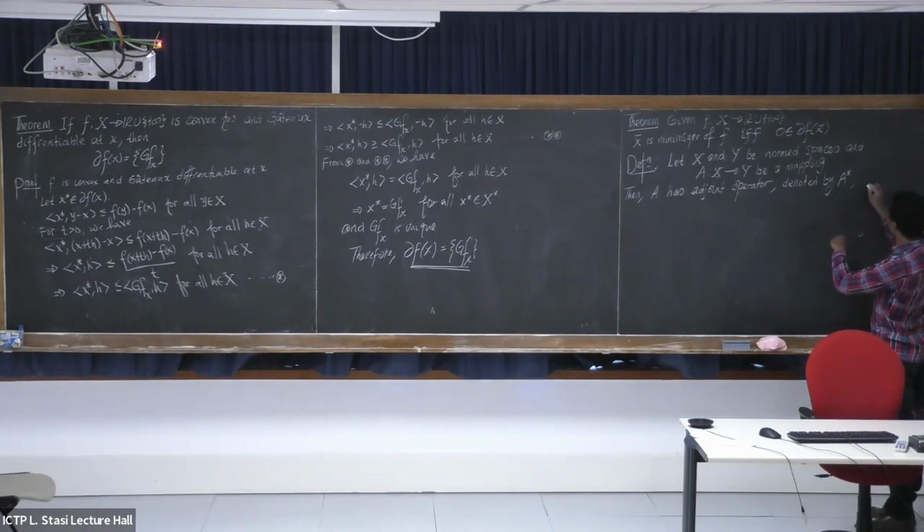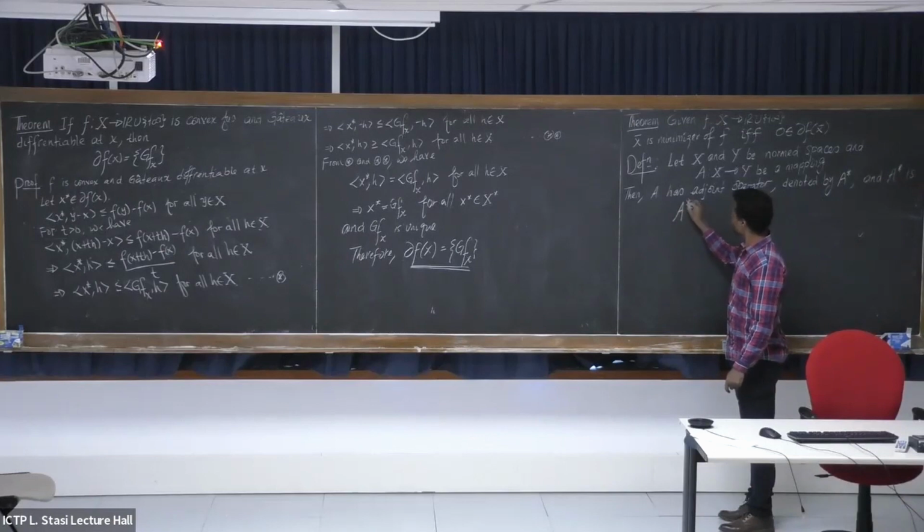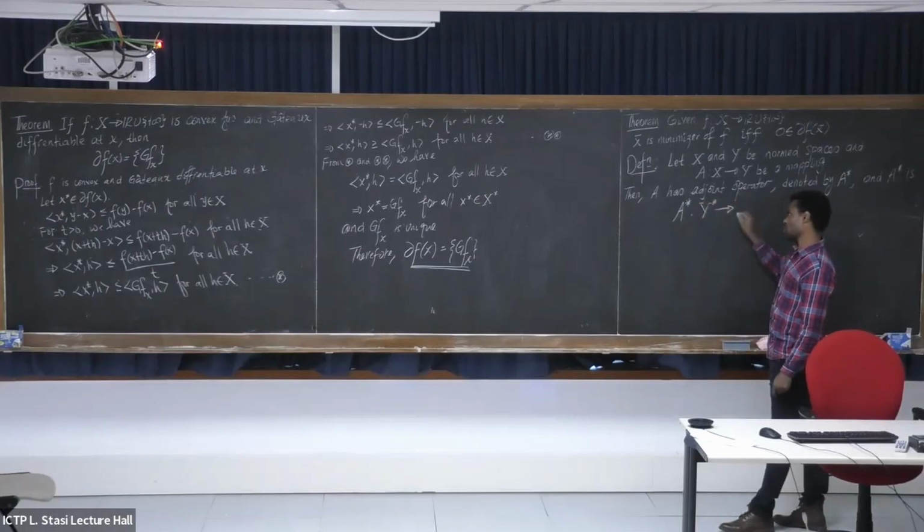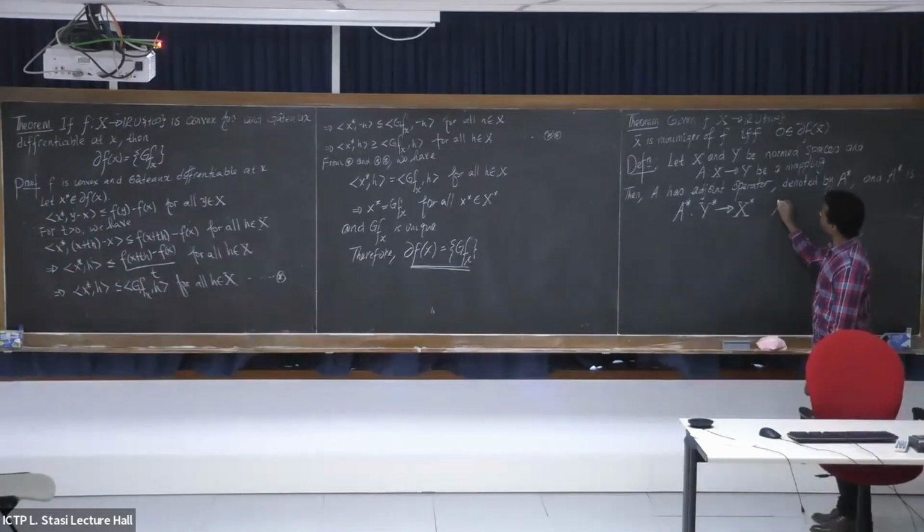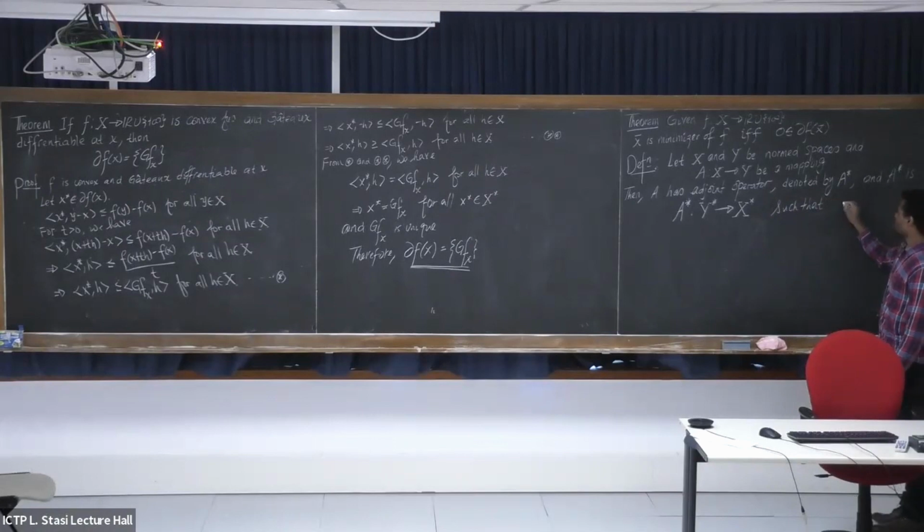A star should map from the dual of Y to the dual of X, such that A star of y star equals y star composed with A, for all y star in Y star.